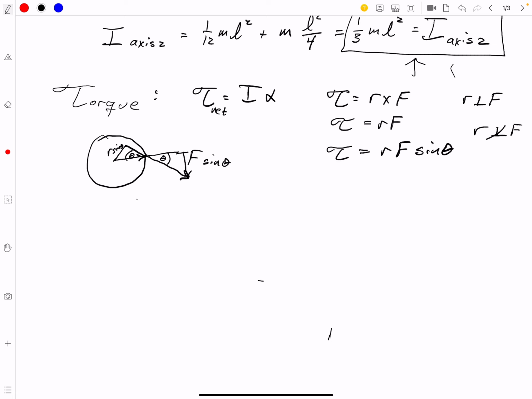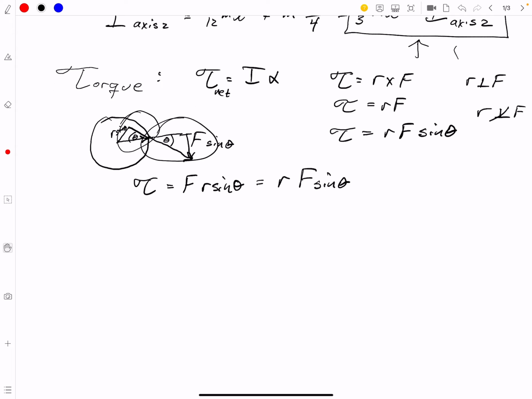You can say that the torque in this way is equal to F times R sine theta. And you could do it this way and say that it equals R times F sine theta. Just like that.